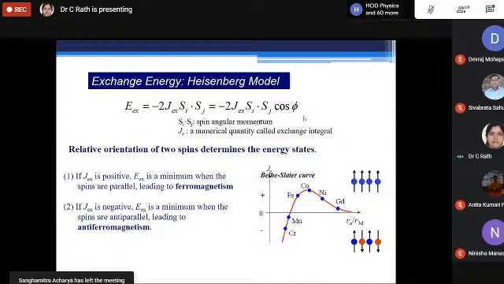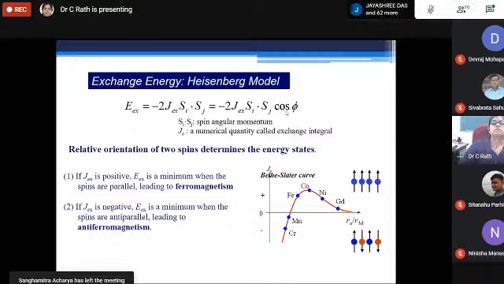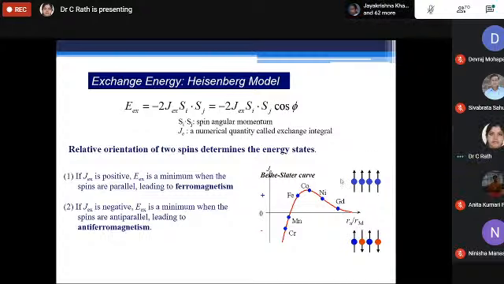This phi is equal to 180 when it is antiferromagnetic, cos phi is equal to -1. So Jex has to be negative to have a negative exchange energy.